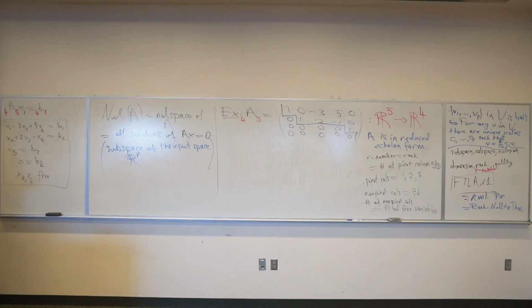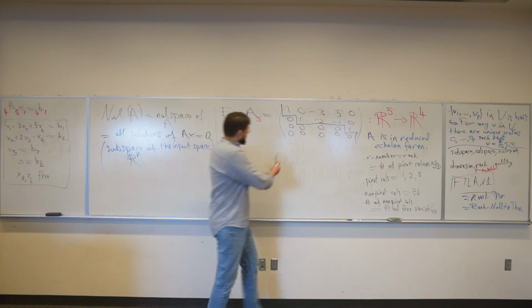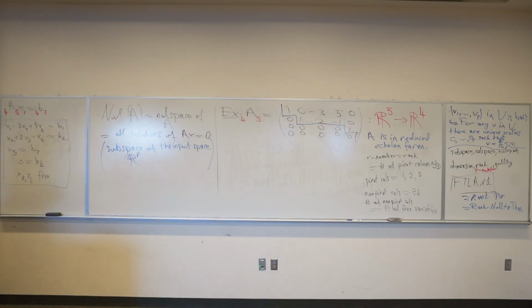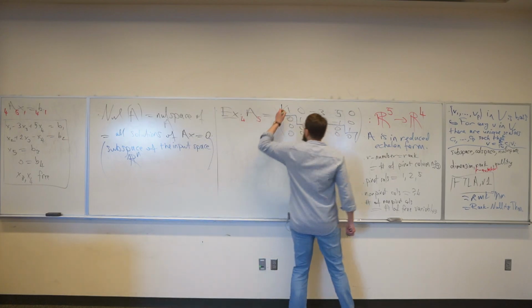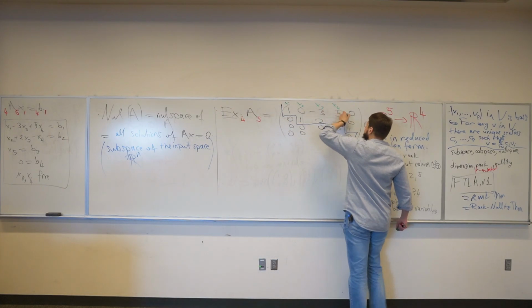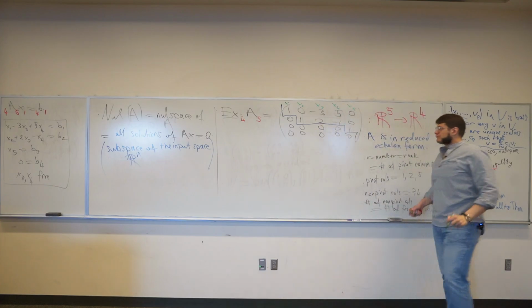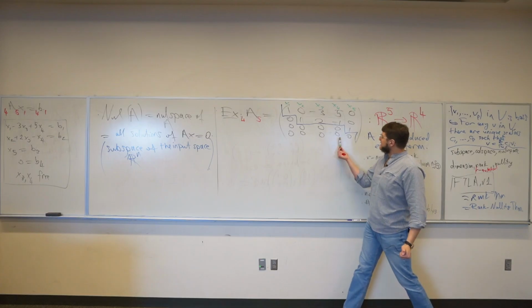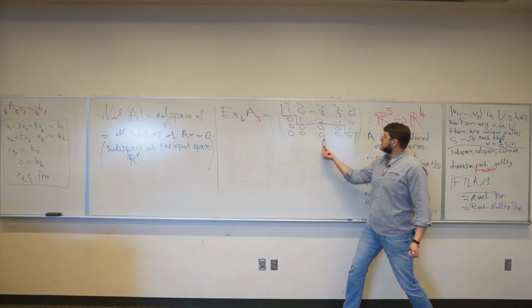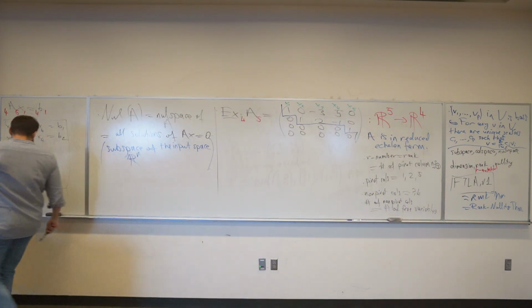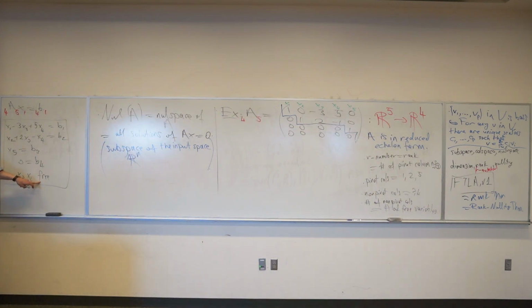Okay, makes sense? But where did these come from? The first column corresponds to x1. This corresponds to x2 and so on. And so you see, whenever I was looking at a non-pivot column, in this case column 3 and column 4, when I was thinking about the solution set, turned into free variables.